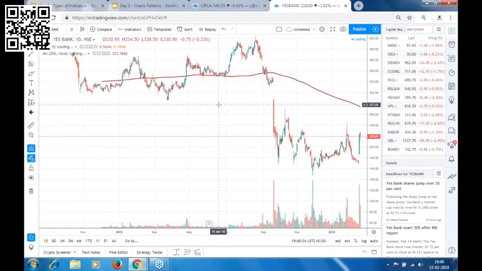Along with the moving average, we also need to focus on the slope, what kind of slope the moving average is making. If it's in an uptrend, then you will see the slope of the moving average is also in an uptrend.